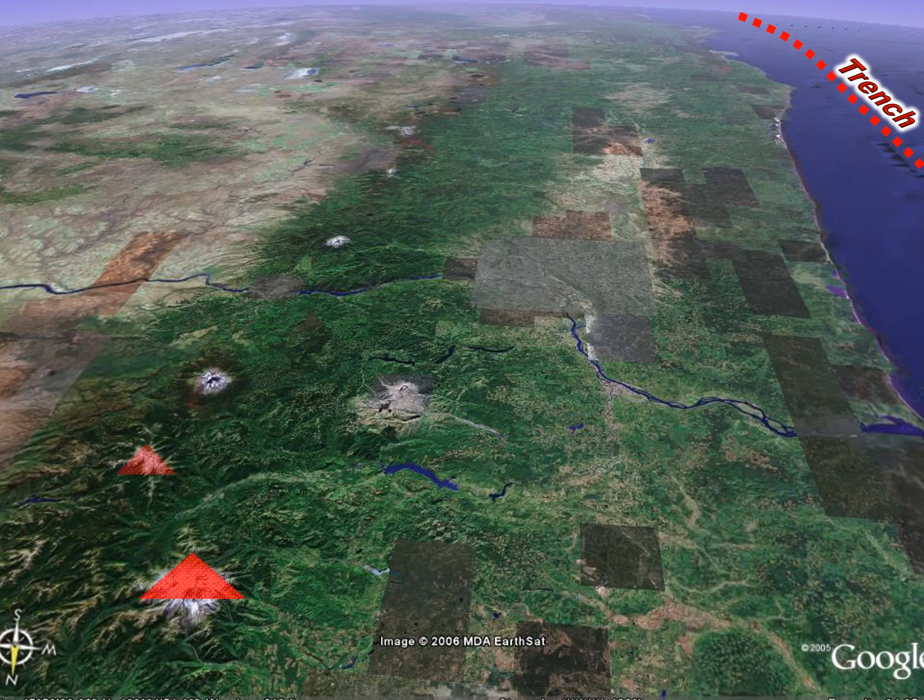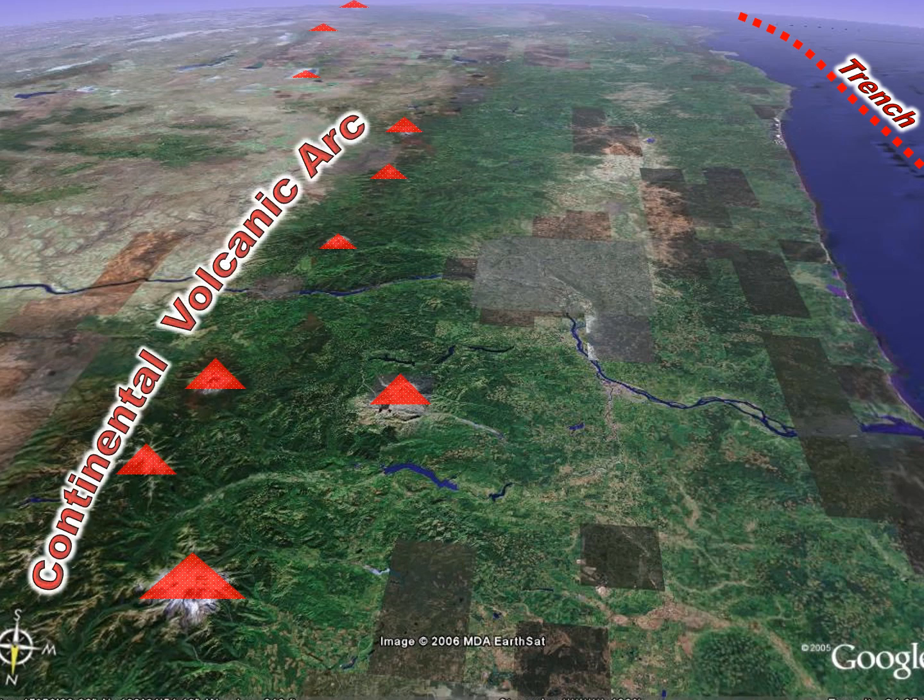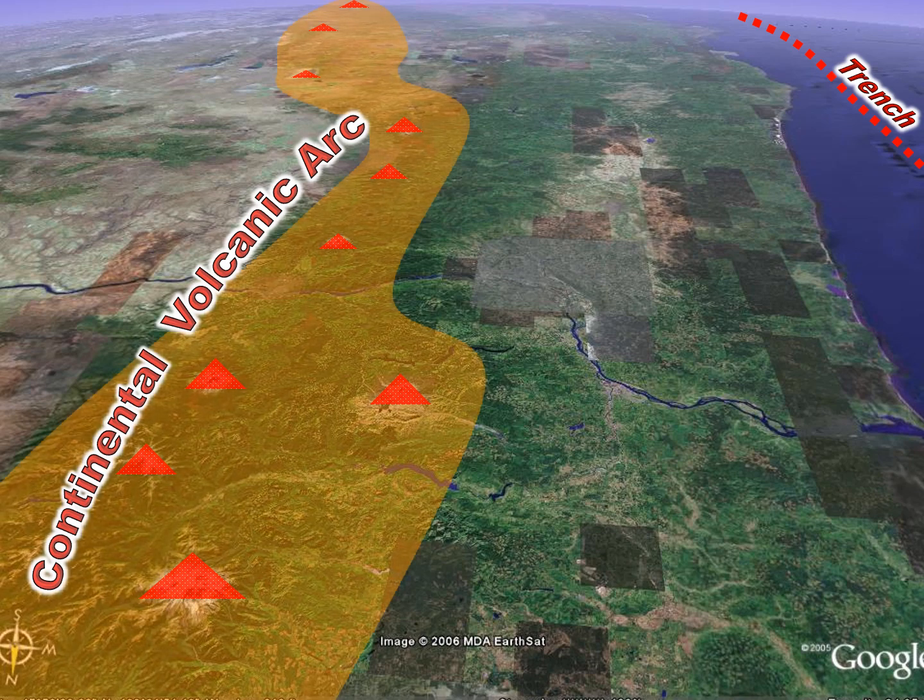And then all along, at various distances from the trench, we find the continental volcanic arc, which is formed from the melting crust that has now risen up through the continent. And examples of those volcanoes in this particular case would be, of course, Mount Rainier, Mount Hood, Mount St. Helens, okay, Crater Lake, and Mount Shasta.